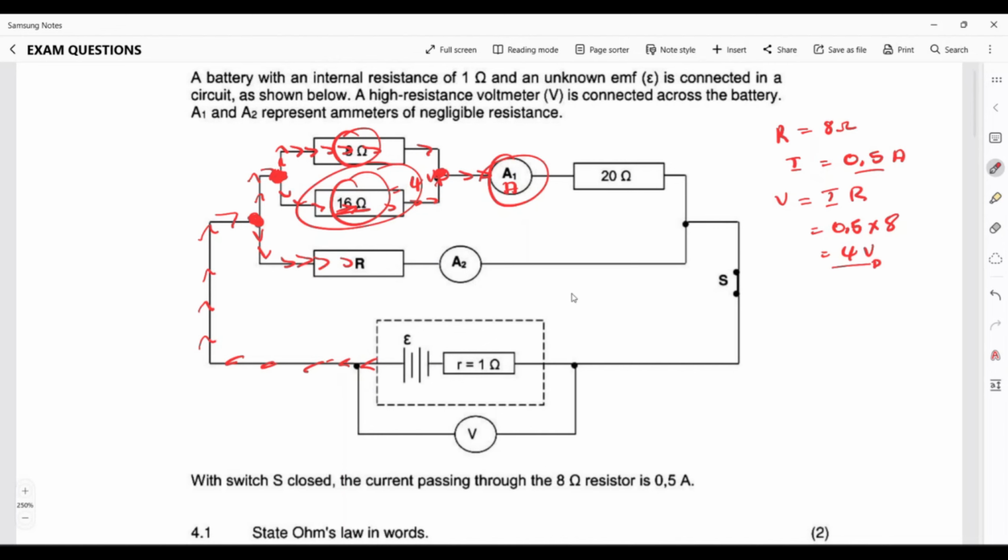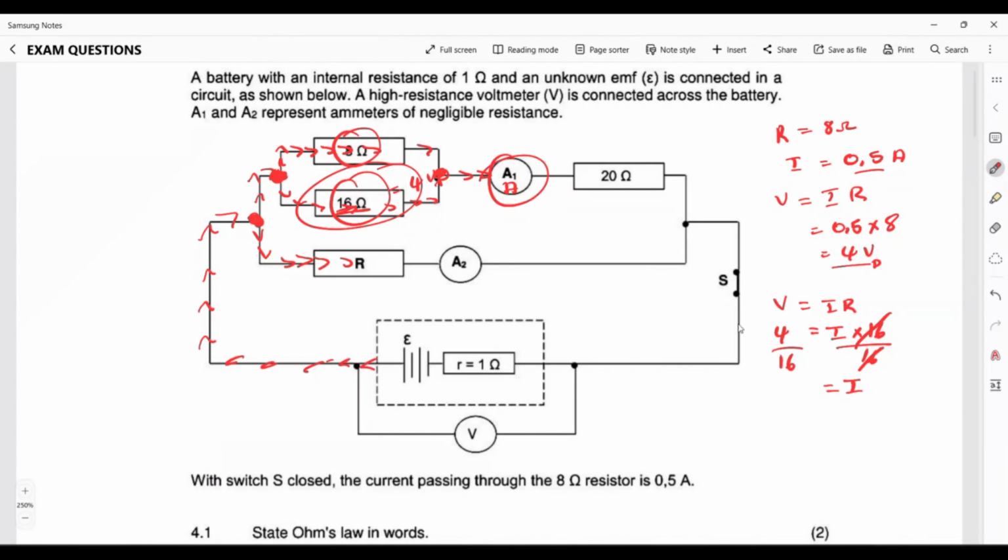A1 is the addition of the current that passes through 16 ohms and 8 ohms. That is why we are going to calculate the current passing through 16 ohms using the same formula, V is equal to IR. What is my voltage? That's 4. What is my current? I don't know. What is my resistance? That's 16. Then I simply divide both sides by 16 and cancel, so I have I on this side.